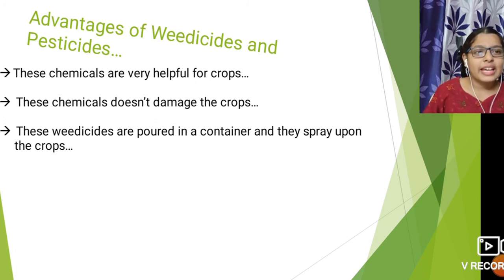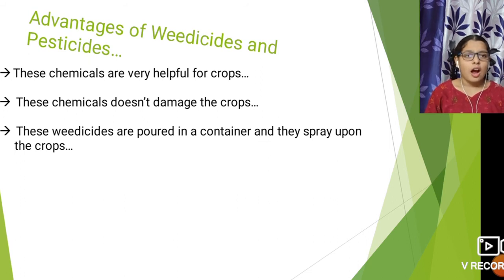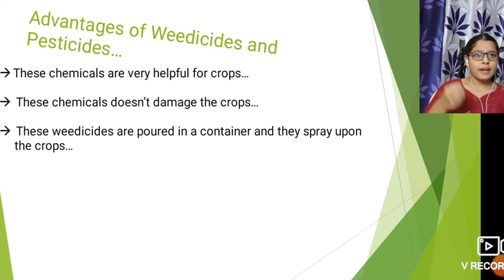These weedicides and pesticides, the chemicals, are poured in a container, and the farmers carry those containers on their back like a backpack, take a pipe, and spray around the field.